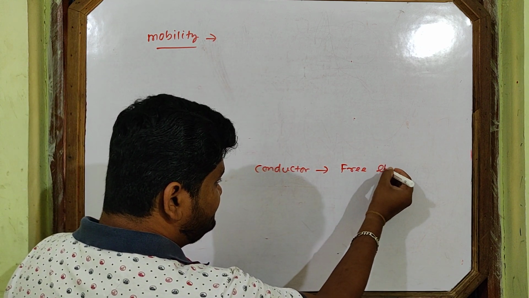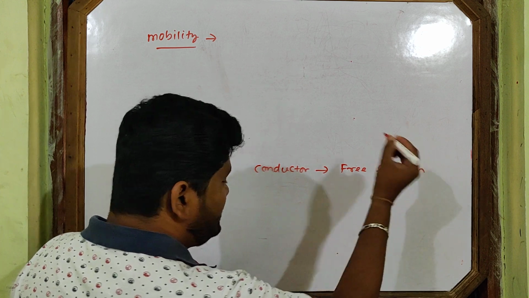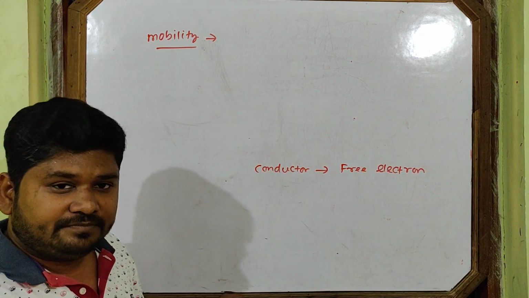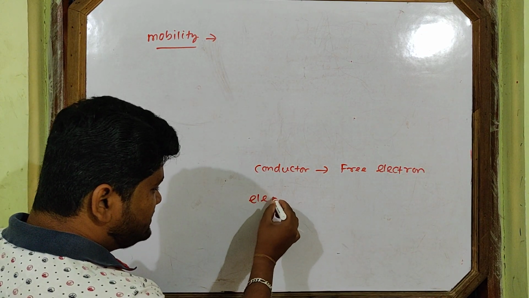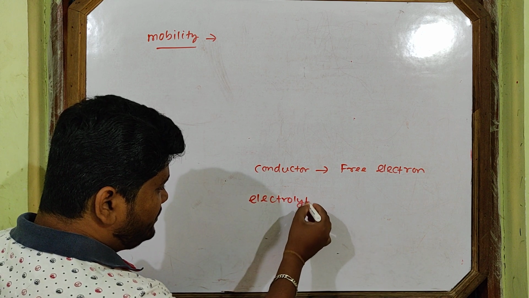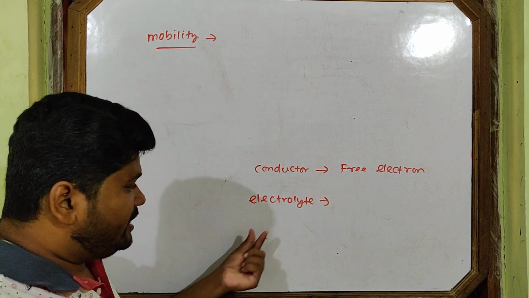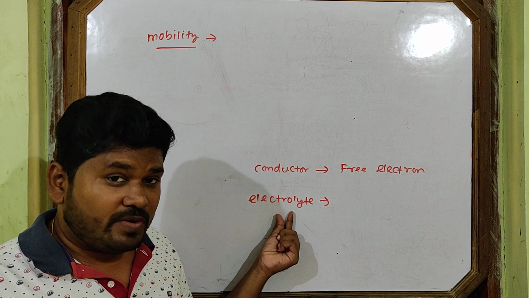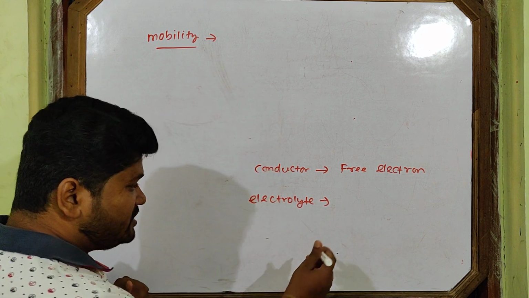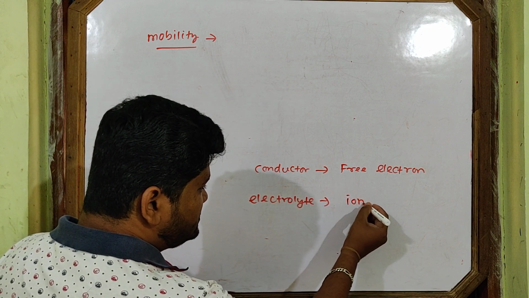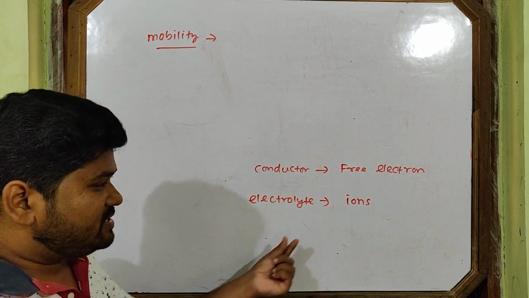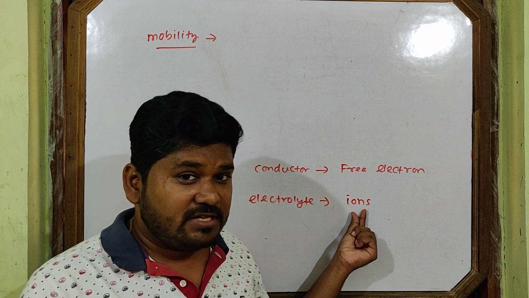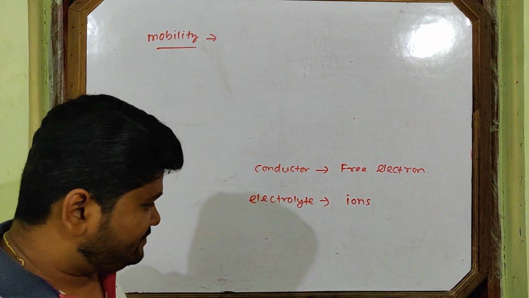Free electrons are the charge carriers. But in electrolytes, like H2SO4 or HCl, ions are the charge carriers. In HCl, the H plus ion and Cl minus ion are the charge carriers.